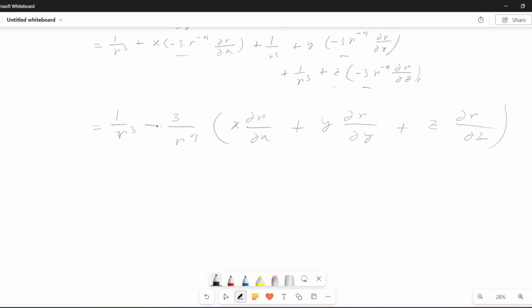Another thing we already have is that r square is x square plus y square plus z square. If we differentiate both sides with respect to x, we get 2r dr/dx equal to 2x, and the rest of the terms are 0 as we are differentiating with respect to x.